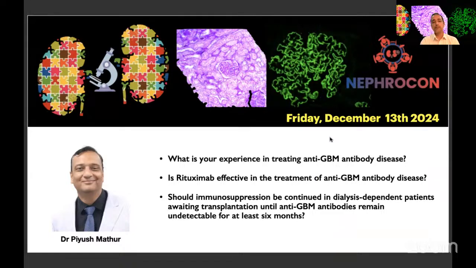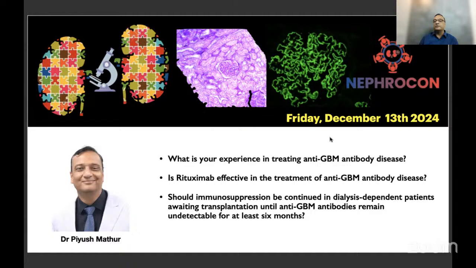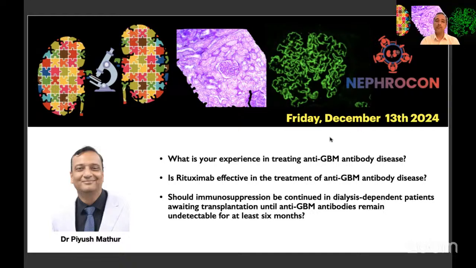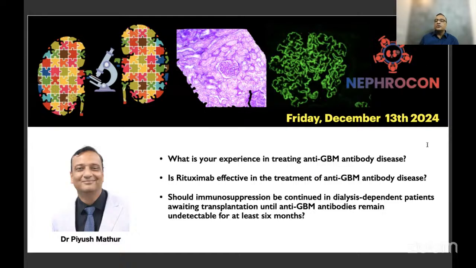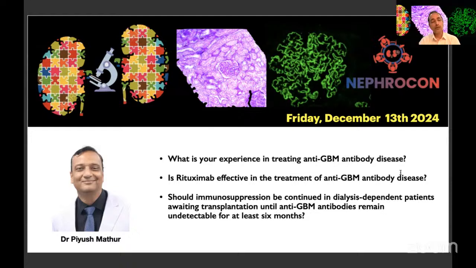However, the recovery of kidney function is still a matter of debate. Some patients may recover kidney function, but those who have high creatinine, are oliguric, and dialysis dependent usually don't recover even with rituximab.